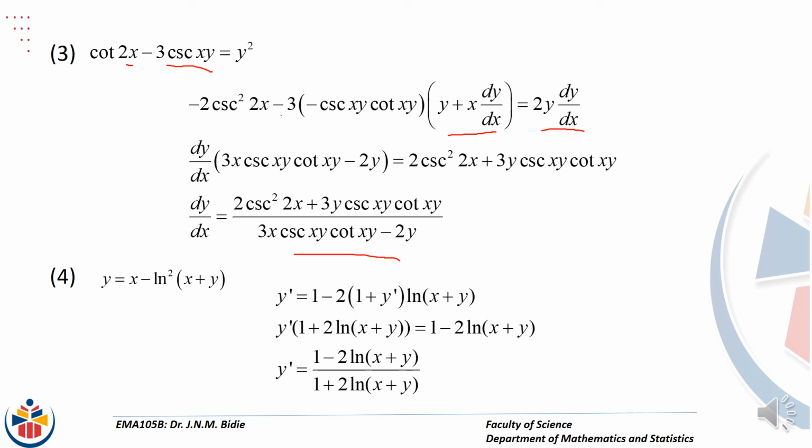Number 4, we've got y equal to x minus ln squared of x plus y. Derivative: 1 minus, note that chain rule applies. We've got 2 ln (x plus y) multiplied by the derivative of x plus y, which is 1 plus y prime.